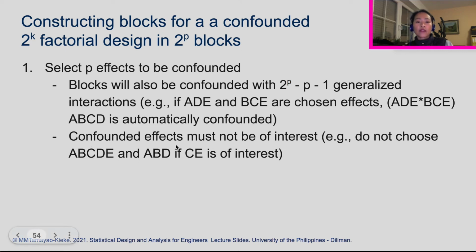The confounded effects must not be of interest. So again, care must be taken in choosing the p effects to be confounded. As I mentioned in the previous discussion, if for example C is of interest, then you should not be choosing ACE and BCD as effects to be confounded with the block.